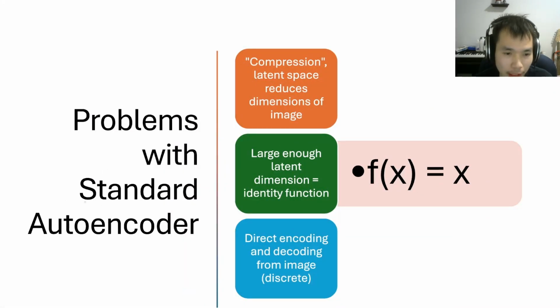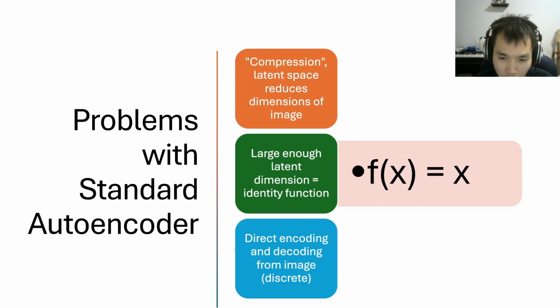Some problems with the standard autoencoder, which also apply to the variational encoder, are compression, since it reduces the image size depending on the latent space size. Also, if the latent space is too large instead of too small, the neural network can just become the identity function, where whatever image you pass in, it just spits out the same output image, so it encodes and decodes the same image with zero loss or close to zero.